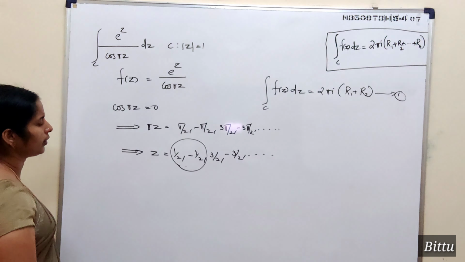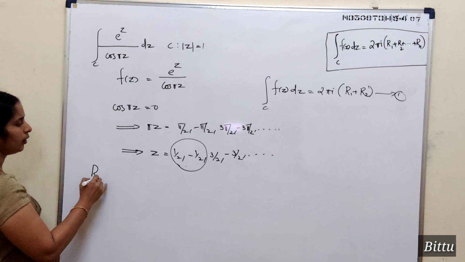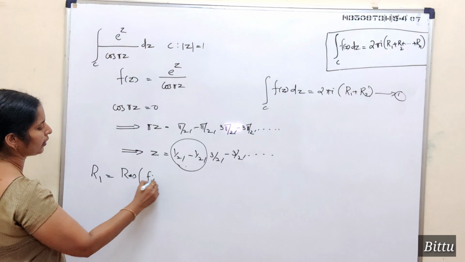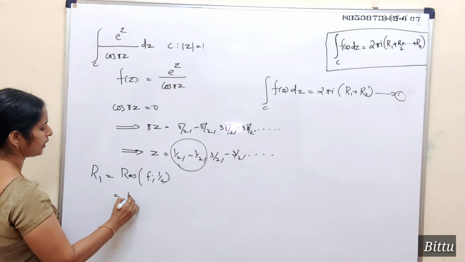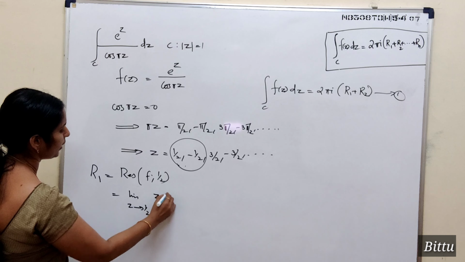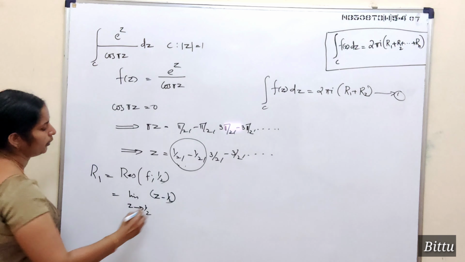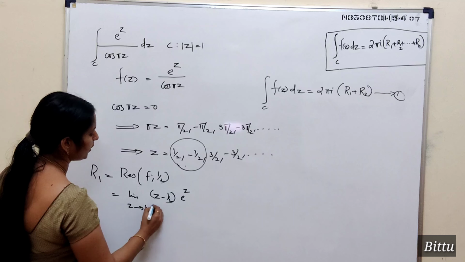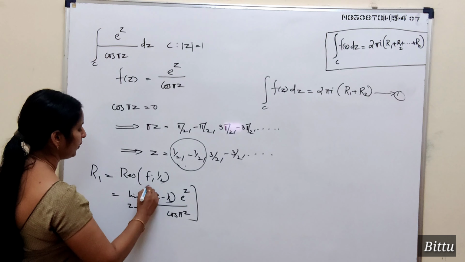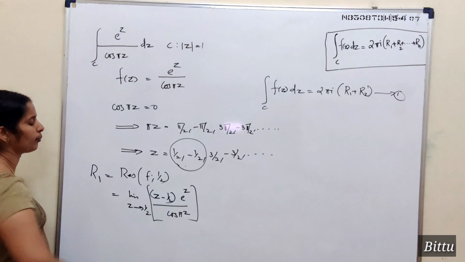Next we have to find R1 and R2. You take R1 as residue of f at half, and this limit is z tends to half, z minus half into f z, that is e raised to z by cos pi z. Here also there is no cancellation for z minus half.